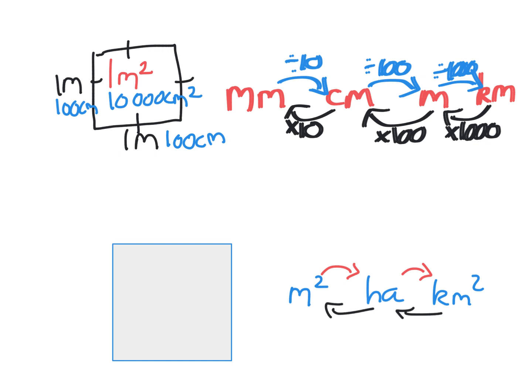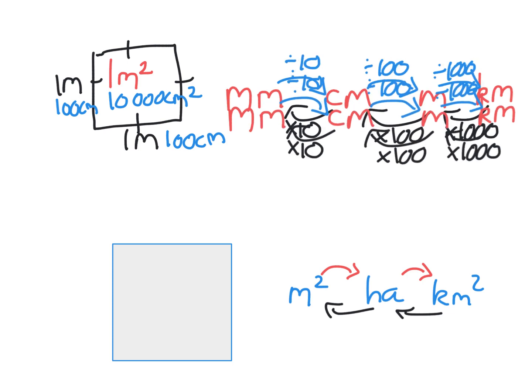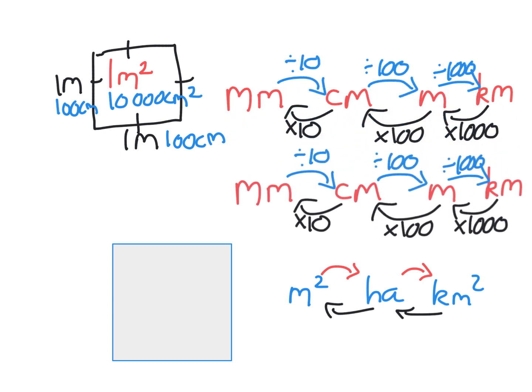Therefore, there are 10,000 centimeters squared in a meter squared. Even though there are only 100 centimeters in a meter, there are 100 squared, or 10,000 square centimeters in a square meter. So when you're converting square units, everything here needs to be squared.